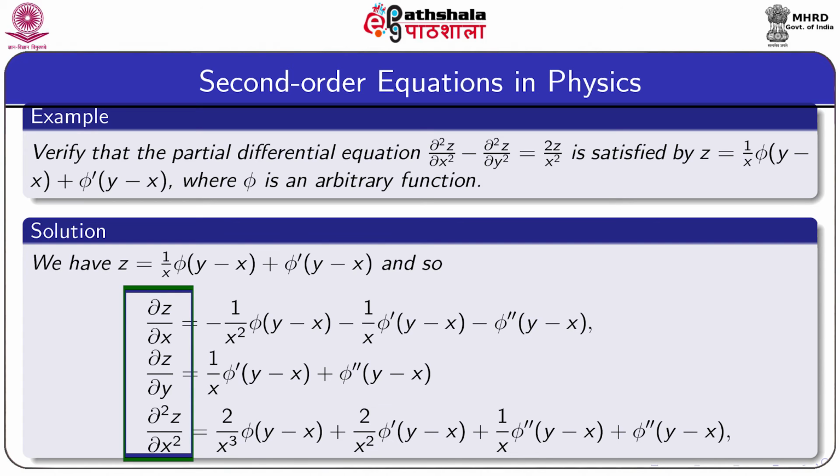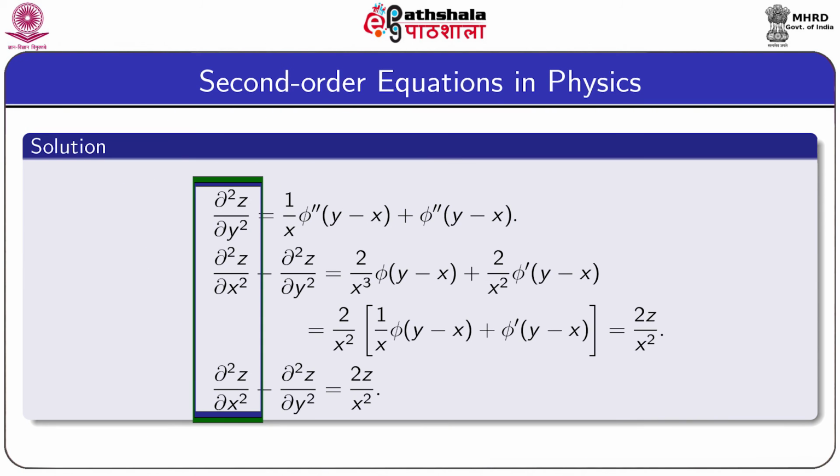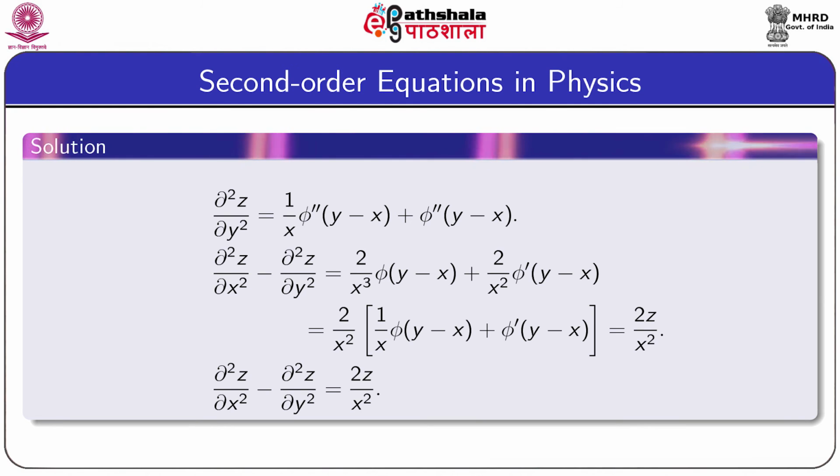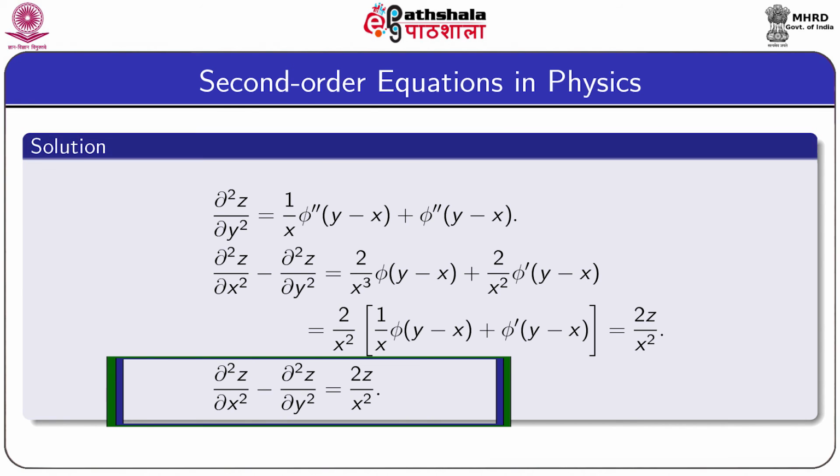So, from these four equations, del z del x, del z del y, del 2z del x square and del 2z del y square, if we eliminate phi, phi dash and phi double dash, we can easily get that del 2z del x square minus del 2z del y square equals 2z by x square.